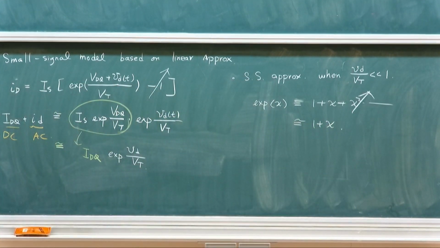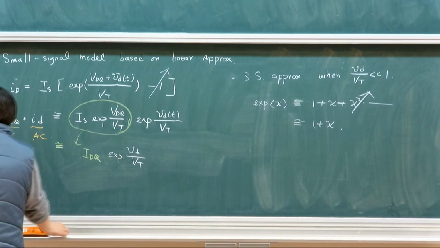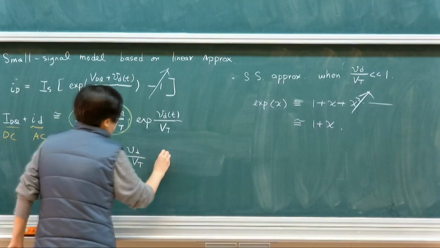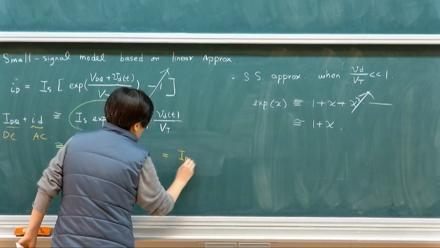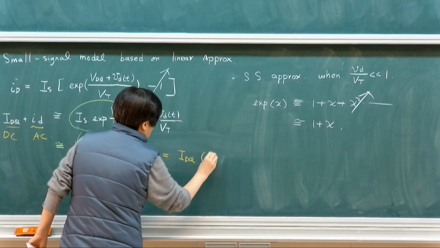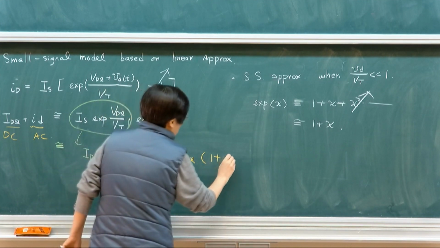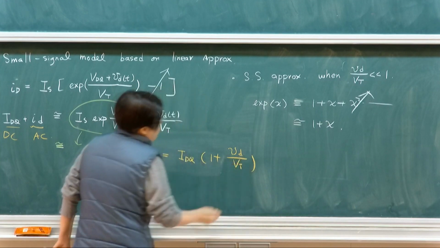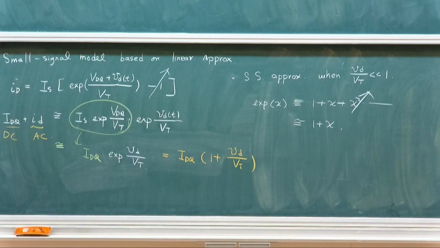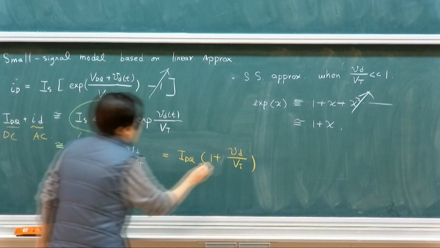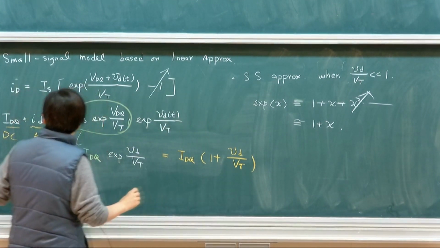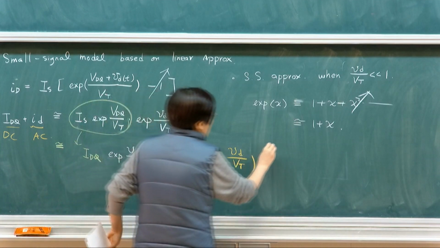That's the linearization, or you can do the derivation the same way. So this equation will then become IDQ times 1 plus VD over VT. This is x, correct? So this is your expression. You're approximating by this. Let me rewrite my overall equation again.